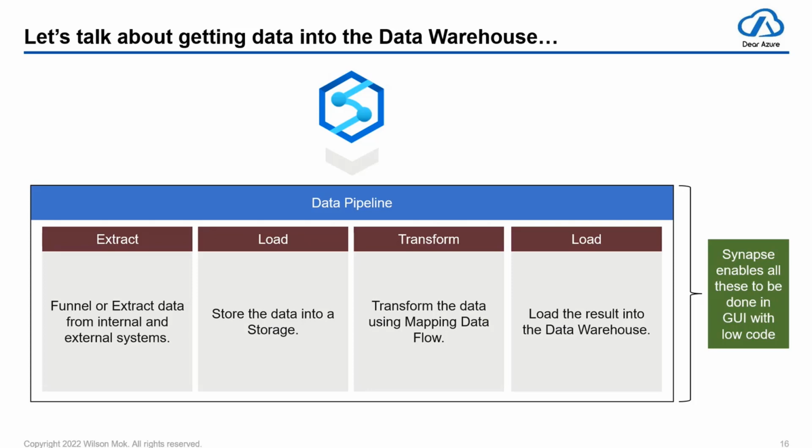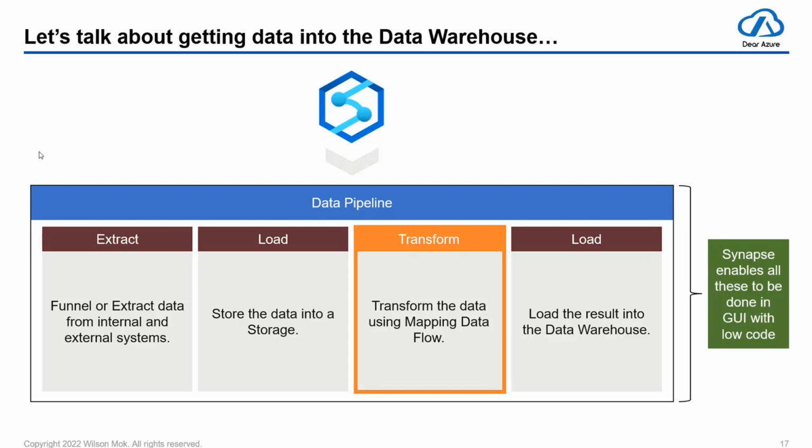In our case, it will be the data model that we designed, and we will be using mapping data flows for that. Lastly, after you transform the data, you have to write that out to the destination endpoint. In our case, this will be the data warehouse. The reason we want to do this is because Synapse provides a GUI for us to develop this data pipeline in a low-code environment.